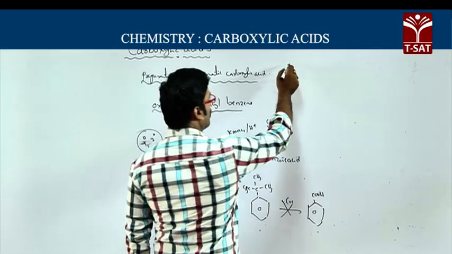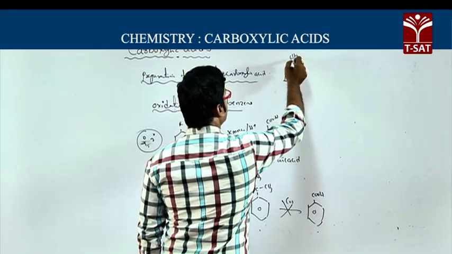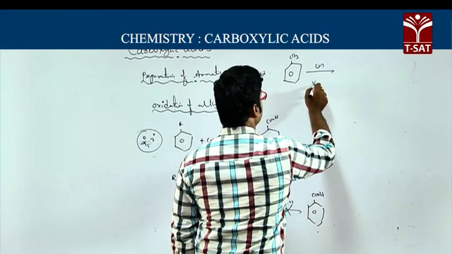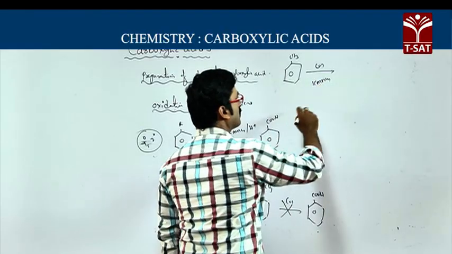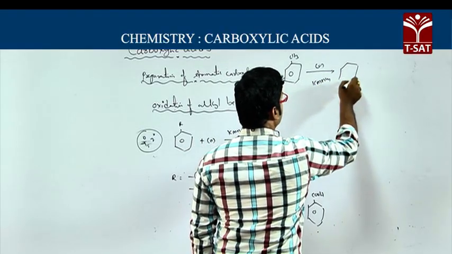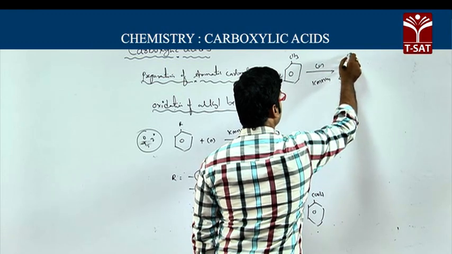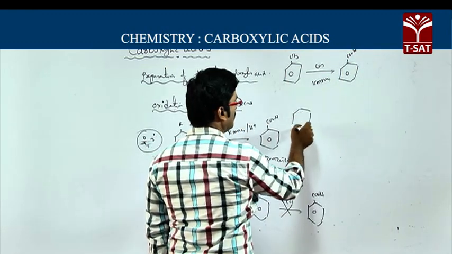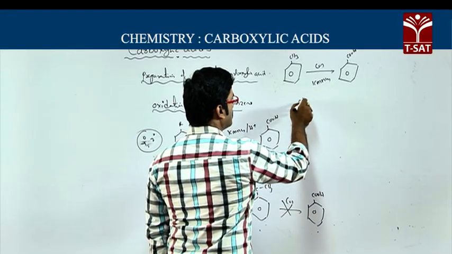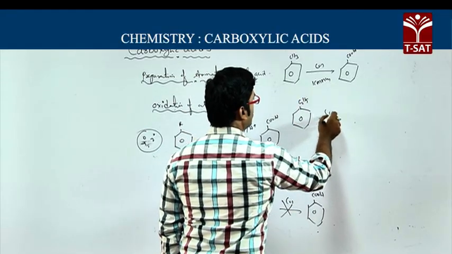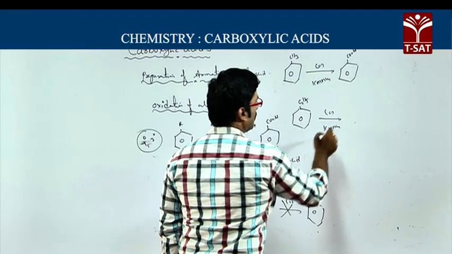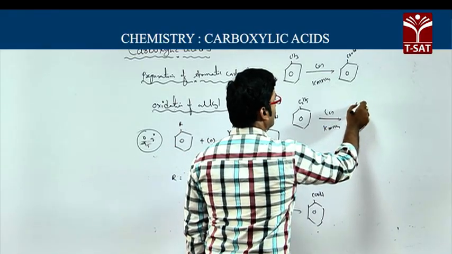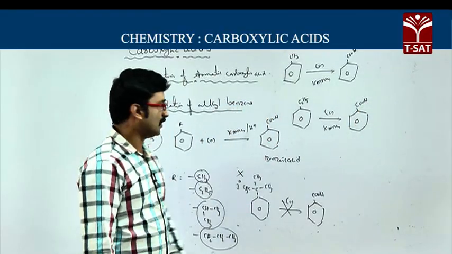Now we will take toluene. Methyl benzene is called toluene. Toluene on oxidation in the presence of KMnO4 gives, very simply, the CH3 group converted into COOH. Similarly, you can take ethyl benzene, C2H5, which on oxidation in the presence of KMnO4 also gives COOH.